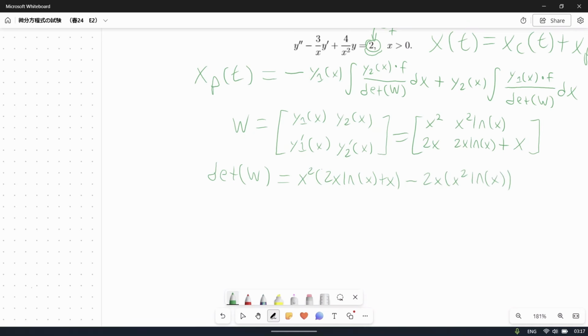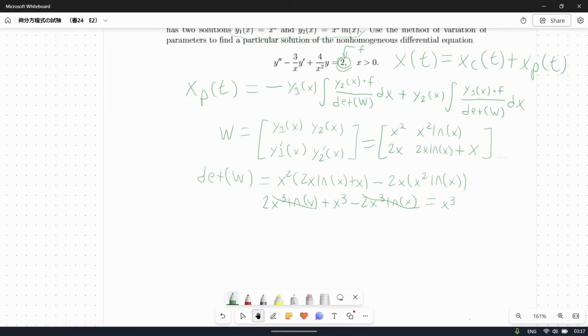And I believe this simplifies down to just x cubed. Let me check. Yeah, this should simplify down. So we end up with 2x cubed ln of x plus x cubed minus 2x cubed ln of x. So these two terms cancel, and the determinant of the Wronskian here is going to be equal to x cubed.